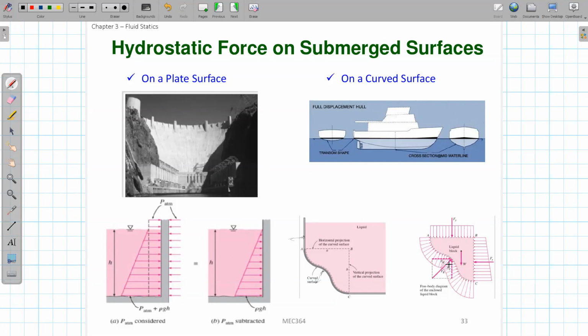Because you can see the pressure force has both a component in the x direction and a component in the y direction. So basically, when we're talking about pressure, we can write P equal to P of x times i plus P of y times j. So this is the way we are going to handle curved submerged surfaces.